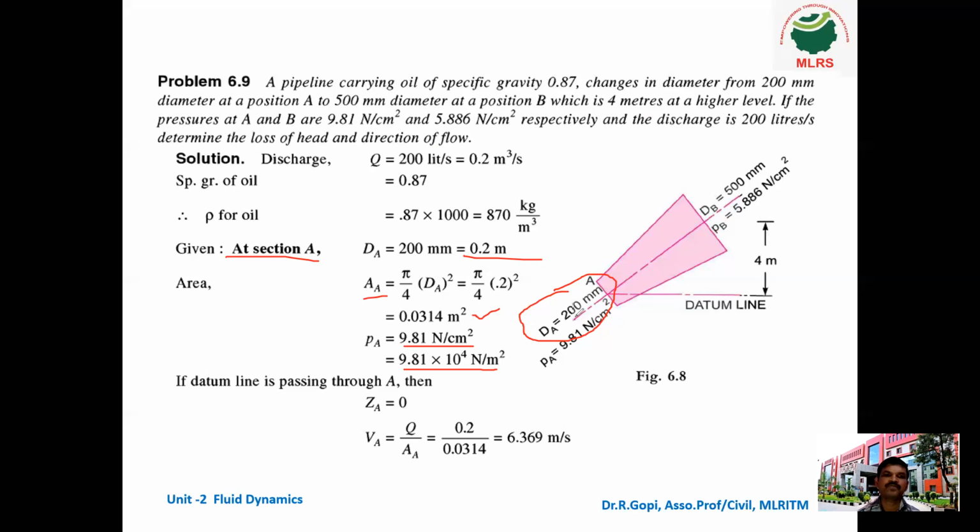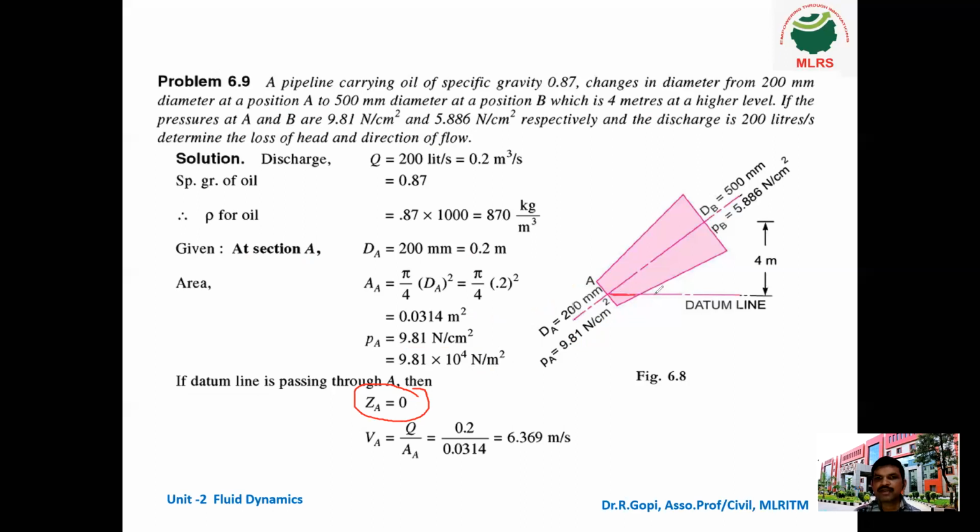Next, the datum line is passing through A. This is a very important step. Why am I writing that the datum line is passing through A? If you see the question, no datum height is given for point A. So ZA is equal to 0. I assumed this; it is my assumption and is not given in the question.